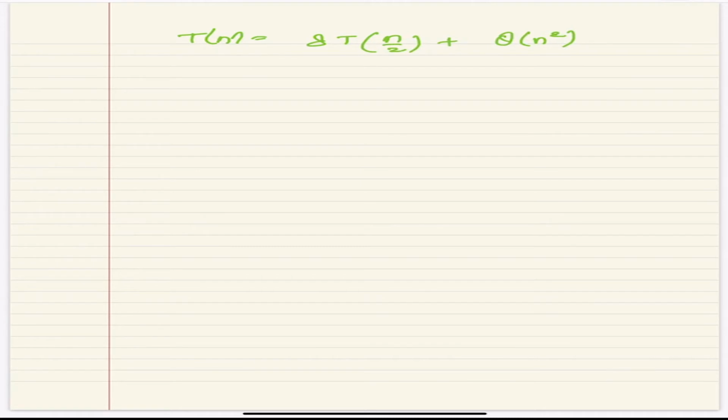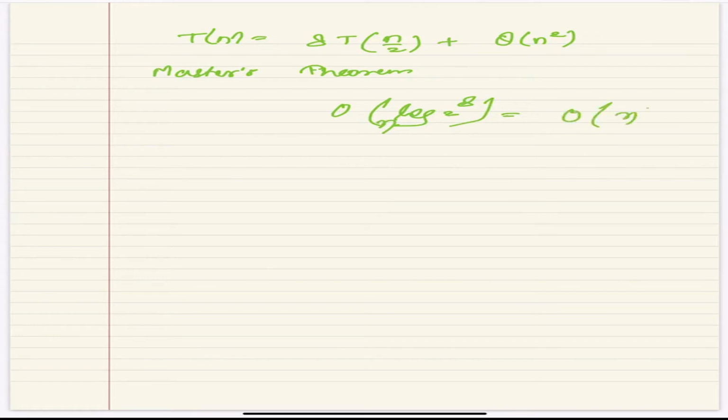Fine. Now let's see if I can apply the Master's theorem. I have to compute n to the power log a base b, where a is 8 and b is 2. So that is order n to the power 3.